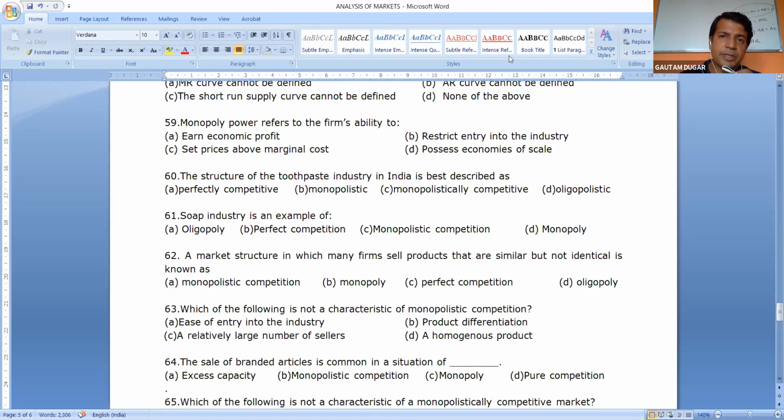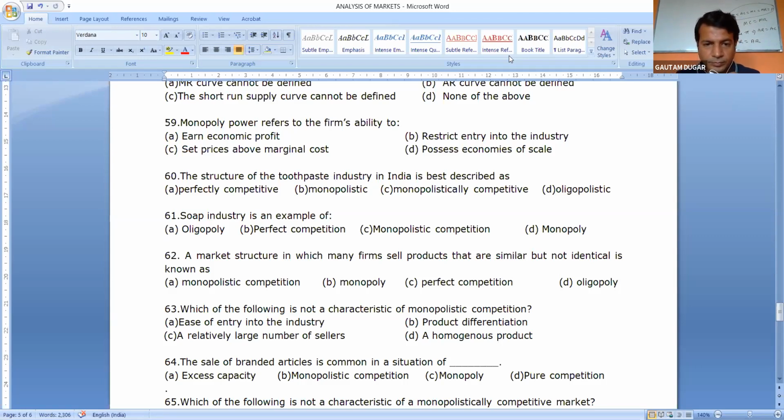For bathing purposes, you can use Lux, you may use Dove, you may use Medimix, whatever you want to. Right? The products are similar, but they are not identical. They have differentiating features, and that differentiating feature is created through heavy advertisement, right? So, 62, the answer is A, monopolistic competition.